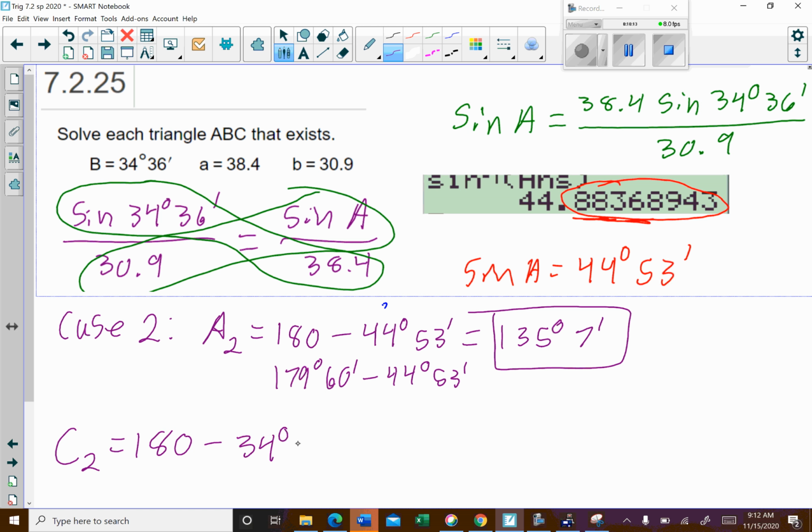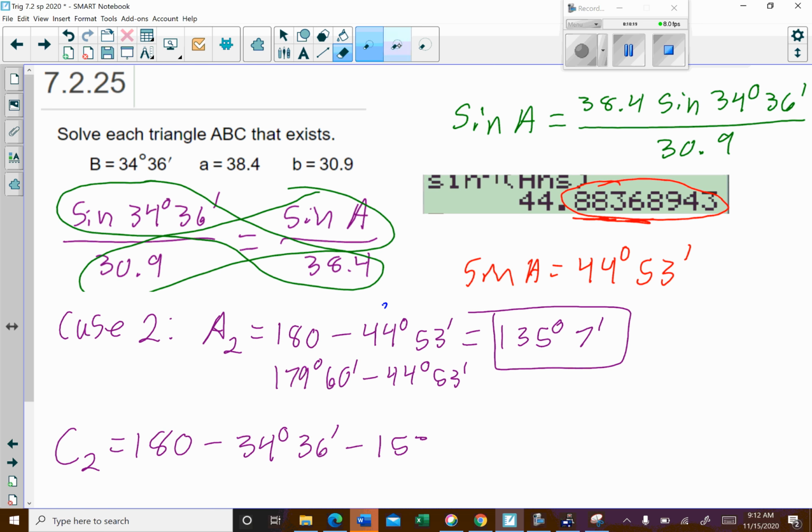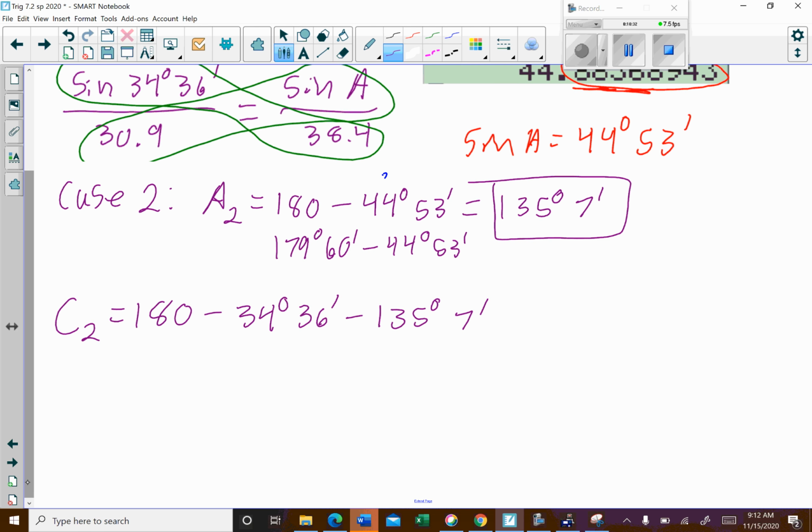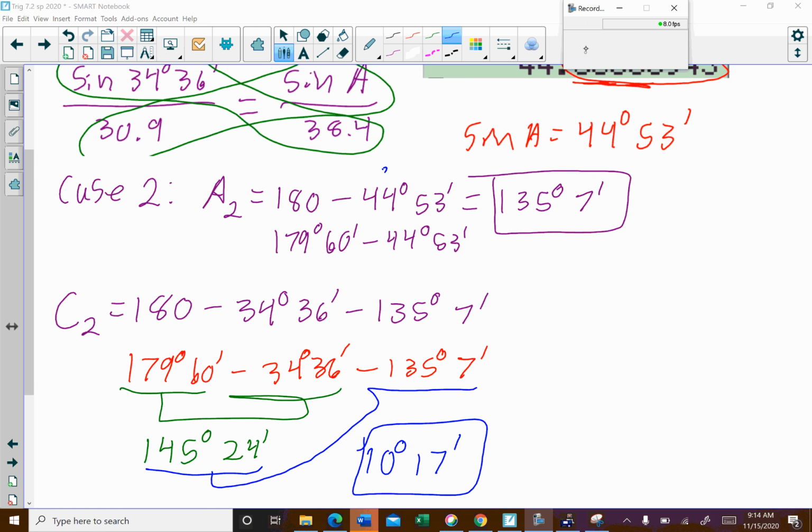That's still going to be 34 degrees, 36 minutes, and then we're going to subtract off 135 degrees and 7 minutes. So I'm going to go ahead, I'll pause this and work it out real quick, and then we'll look at it and see if we got the same thing.